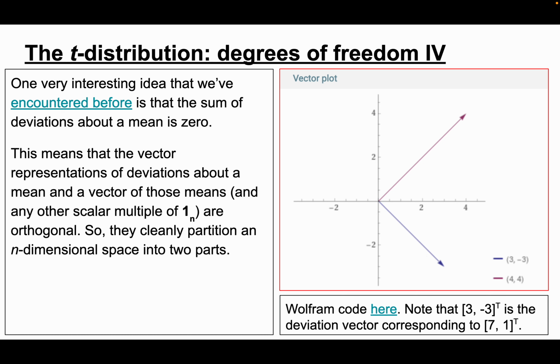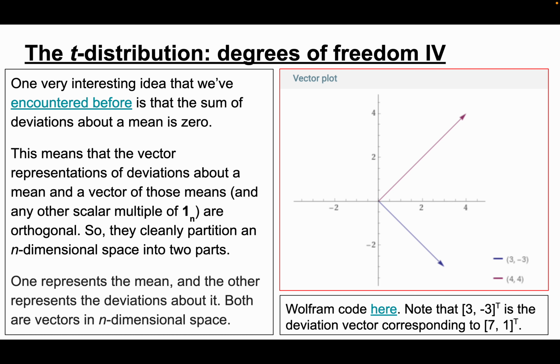So if you break up the vector 7, 1, which has a mean of 4, of course, into 2 orthogonal, or perpendicular parts, you would get basically a vector of deviations, so 3, negative 3, and a vector of means 4, 4. By the way, if you add these two things together, you'll get back the vector 7, 1. So for instance, if you take this here, you add it to the tip here, you'll come all the way out over to 7, 1. So basically these combine to produce the original vector.